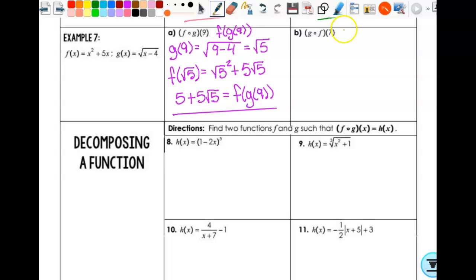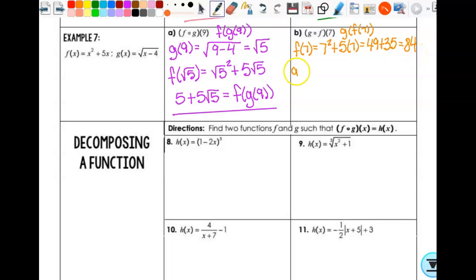Okay, so now we're going to do g of f of 7. So f of 7 equals 7 squared plus 5 times 7. So that's 49 plus 35, which is what? 84.